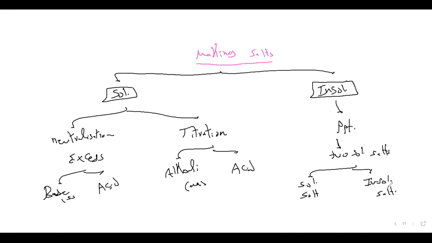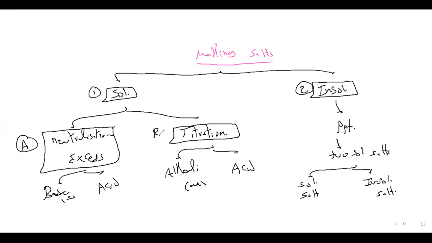Again, for making salts, we have two methods: making soluble salts and making insoluble salts. Making soluble salt by two methods: neutralization or excess, this is number A, and titration, this is number B. For the first one, the neutralization or excess method is formed between base and acid, while titration is between alkali and acid.